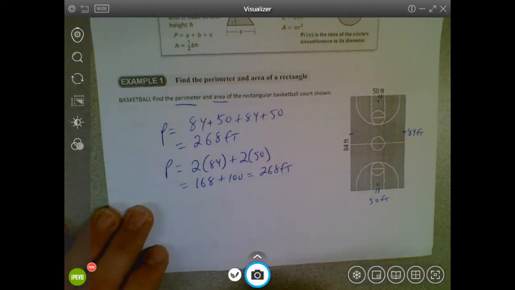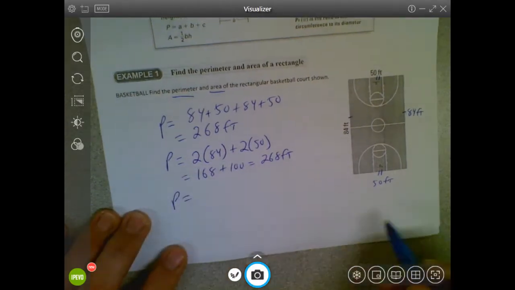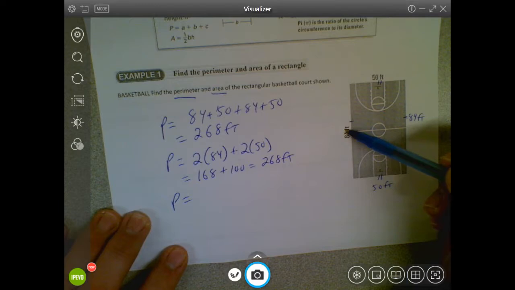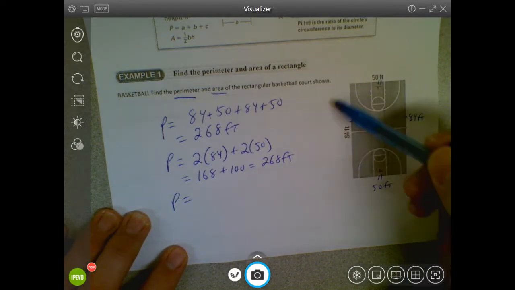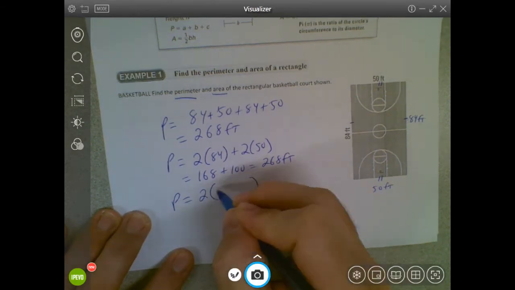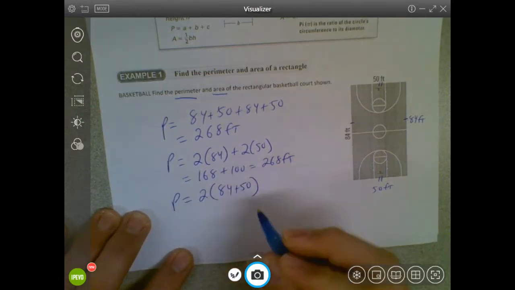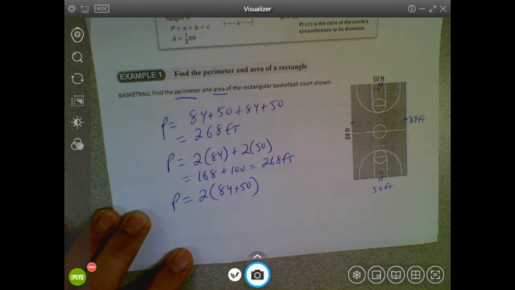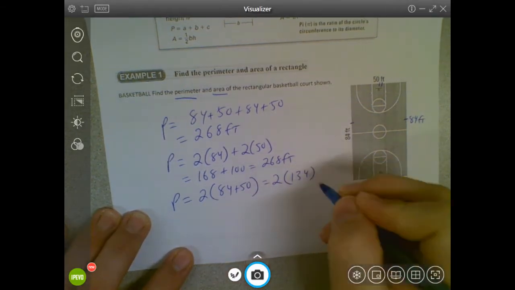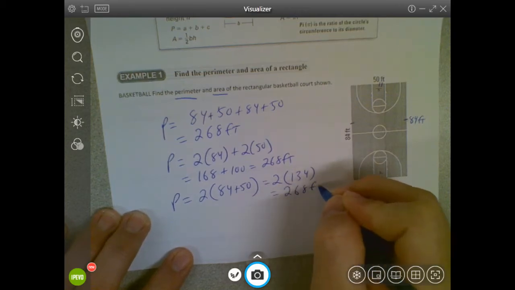I could even see somebody saying, you know what, if I just add those two sides together and then double that, I'll get the total. So if you're doubling the 84 plus the 50 together, you should get the same thing. This is going to be 2 times 134, which is 268.